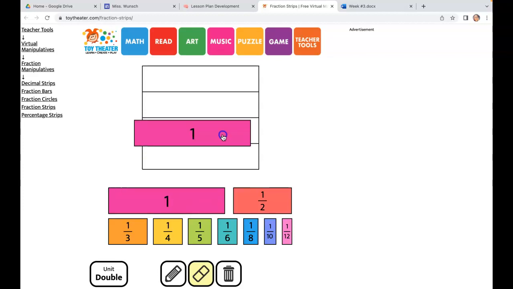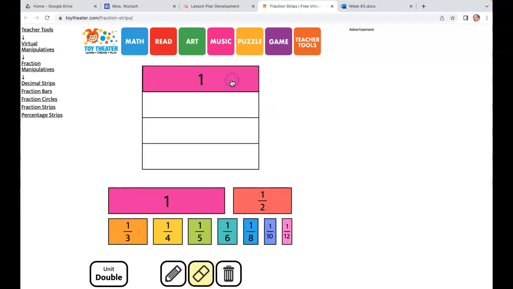So I would first start by showing them that one whole would be taking up the whole rectangle, and then I might do 1/2 and then 1/2 so they could see that 1/2 plus 1/2 equals one whole. And then I would also go even further than that and show them that 1/4 plus 1/4 equals 1/2, which means that 4/4 equals the one whole.